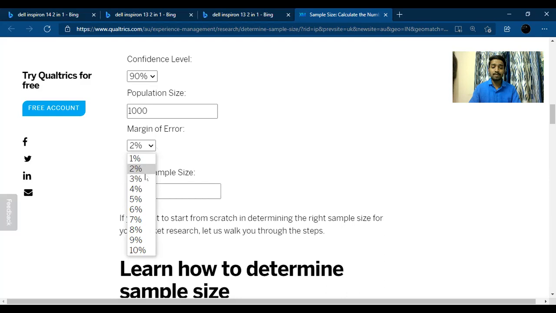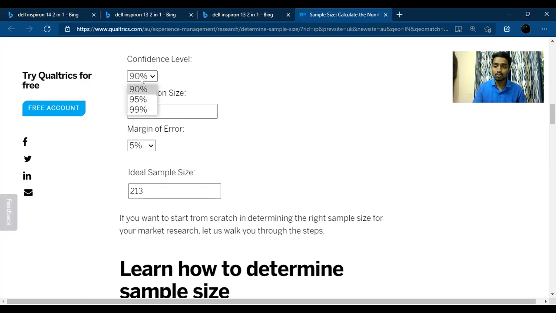If it's 3%, it's 430. If it's 4%, it's 298. If it's 5%, it's 230. So the most widely used margin of error is 5%, or you can use 0.05 while you're calculating in your notebook or a calculator. But because it is a technical aspect, I'm telling it on the laptop, so I'm using it.